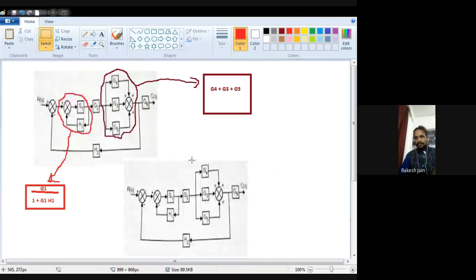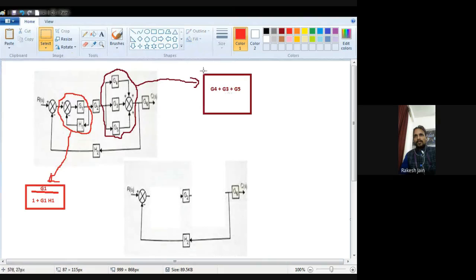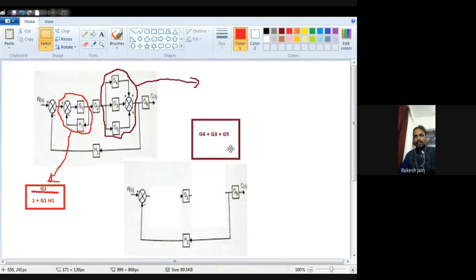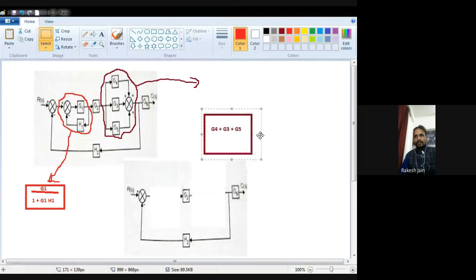So we have done that these three blocks will be completely removed. These two blocks, forward and feedback, will be completely removed, because we have already solved them. These three blocks will be completely replaced by this one. Wait for a while.